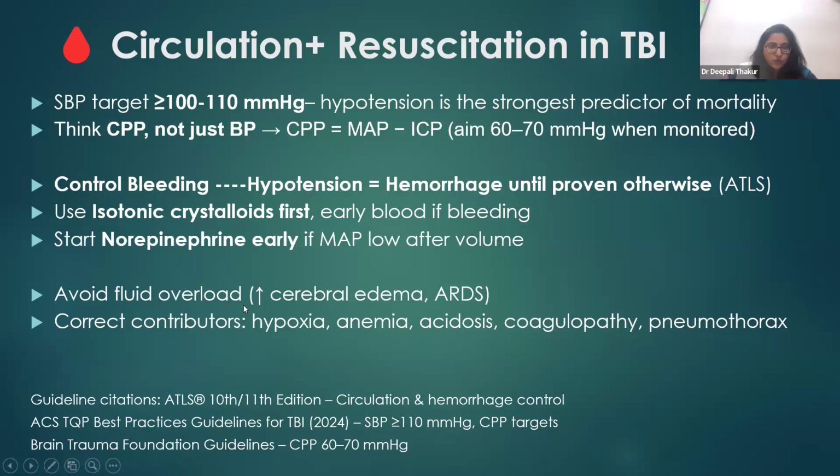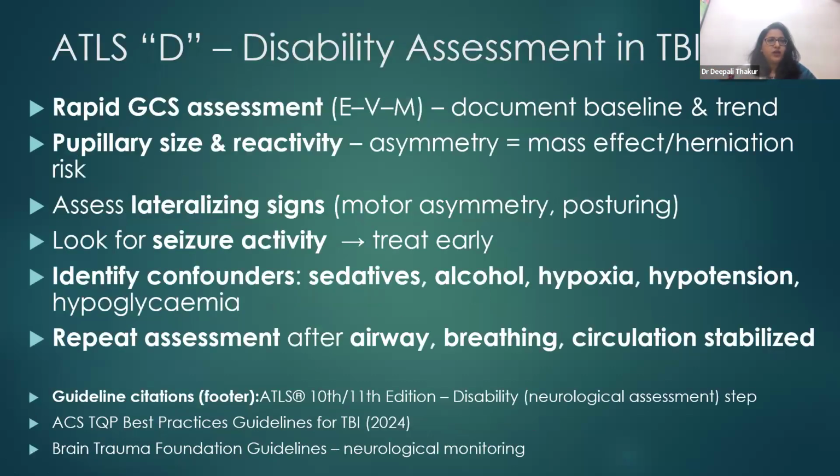Avoid fluid overload in these patients because it may increase cerebral edema and it may lead to ARDS. So correct the contributors whenever you are doing resuscitation, like anemia, hypoxia, acidosis, coagulopathy. If there is pneumothorax, then you need to simultaneously insert an ICD.